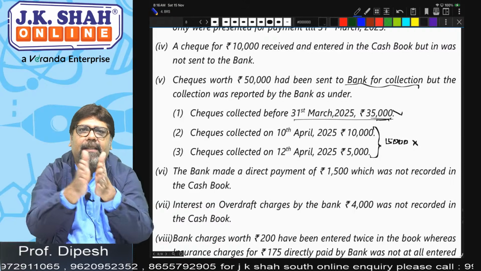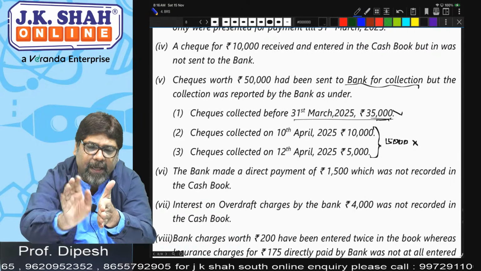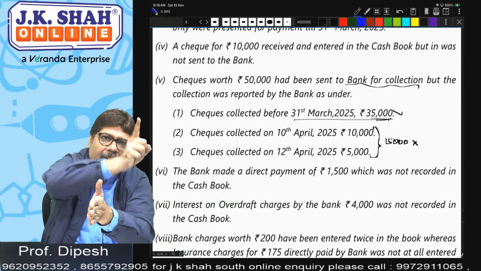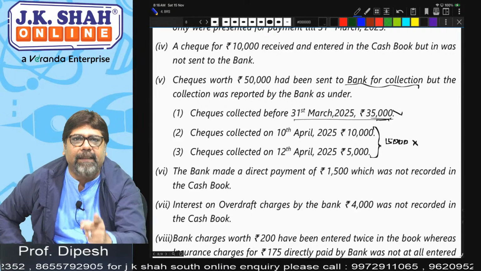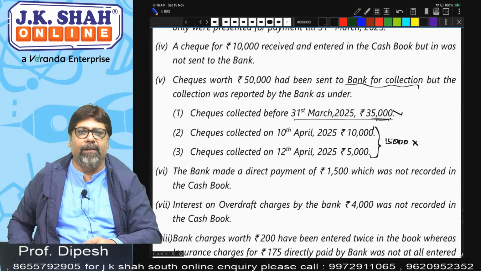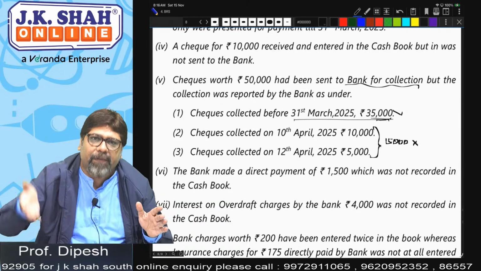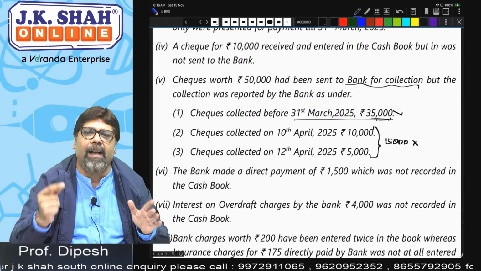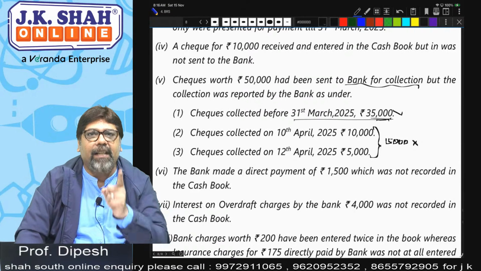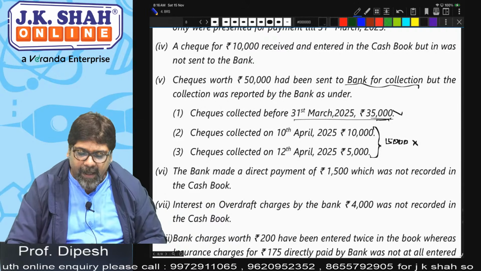So on year end, we can say checks worth rupees 15,000 was recorded in the cash book but not recorded in the passbook. Checks worth rupees 15,000 deposited but not recorded in the passbook.